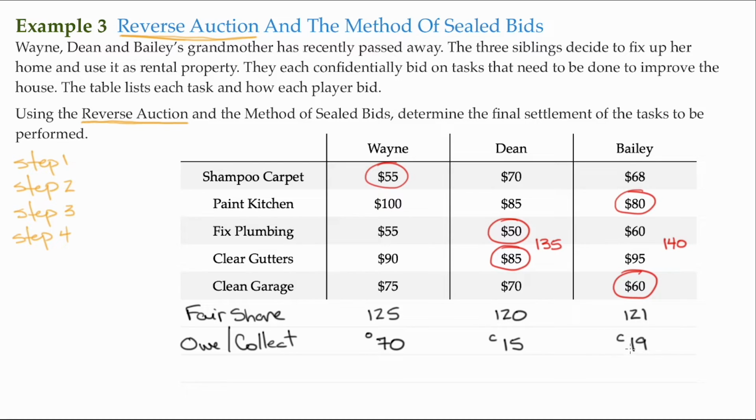That's going to leave a surplus, 70 minus 15 minus 19. It's going to leave a surplus of $36. And again, that surplus is then distributed evenly to each one of the players. So when we distribute the $36 here, it's going to be $12 here, $12 here, and $12 here. That's the share of the surplus.